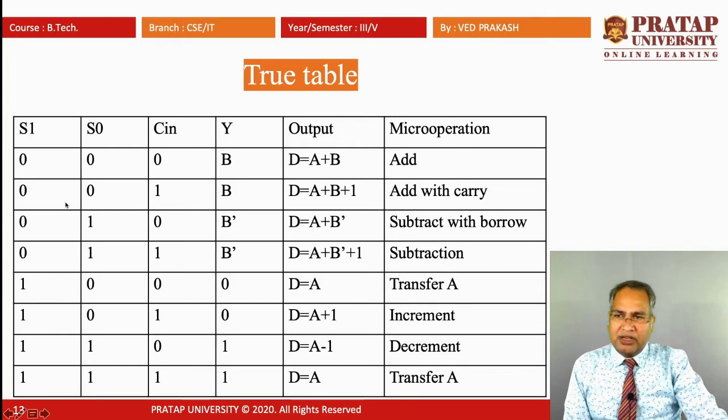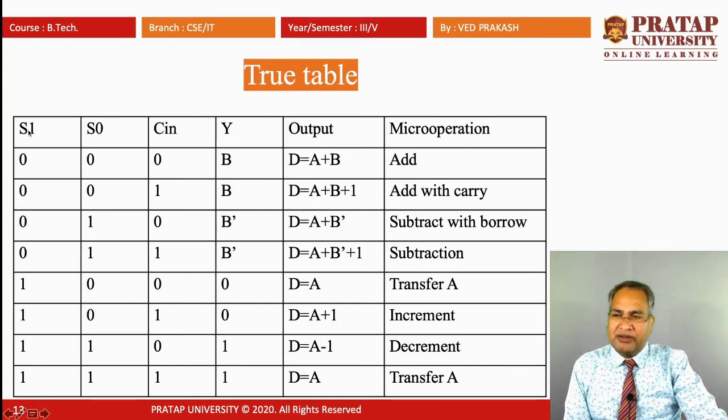Similarly, when both inputs are 0 and input carry is 1, we get B at the Y terminal, and at the D terminal we obtain A plus B plus 1. So this micro operation is add with carry.